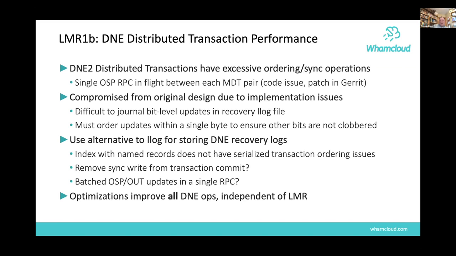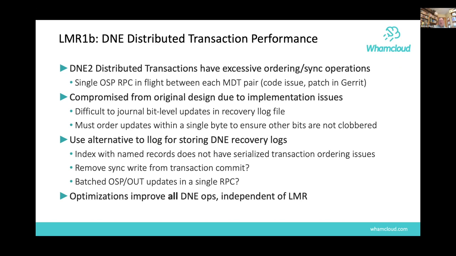The other one is that the Lustre log structure is good for some types of workloads, but it turns out that one of the issues with the DNE recovery that's more complex than it needs to be is the use of the LLog, because it has single bit updates, and it's hard to do a transaction for updating one bit in the file system.